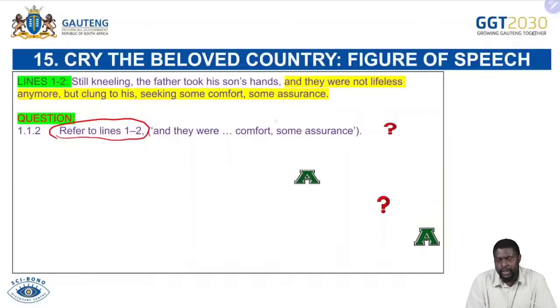Never make an assumption that you know what lines 1 to 2 is talking about. Always go back, refer, read the extract, read lines 1 to 2 to get a clear understanding of what kind of answer we are looking for. And they were looking for comfort and assurance. That is, what is the figure of speech? 1 minute.